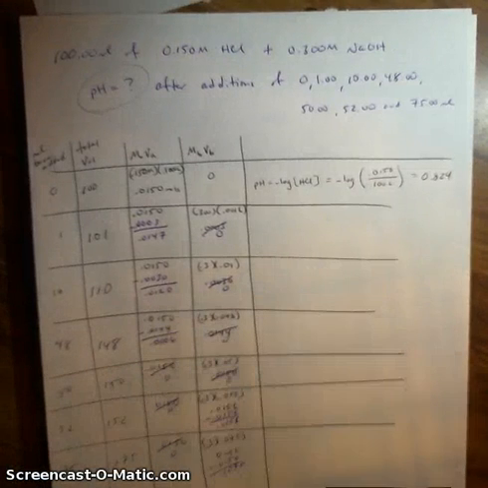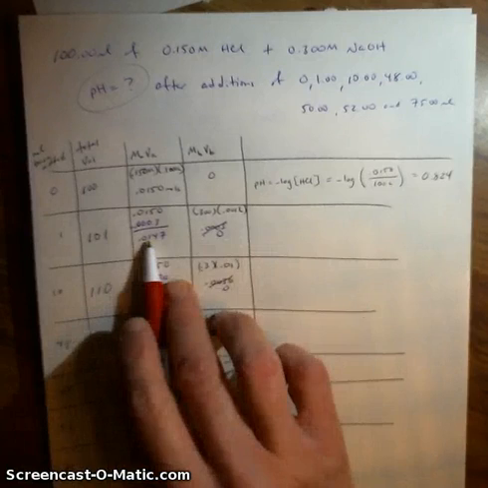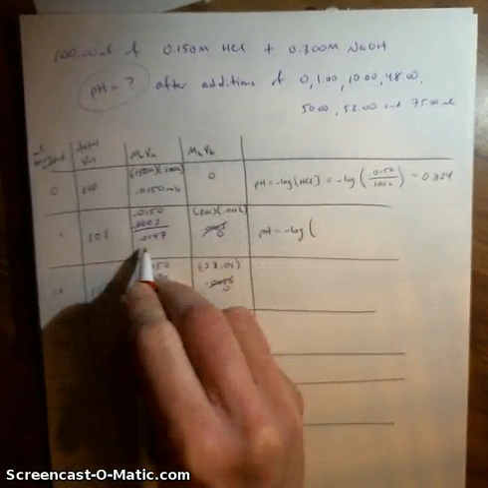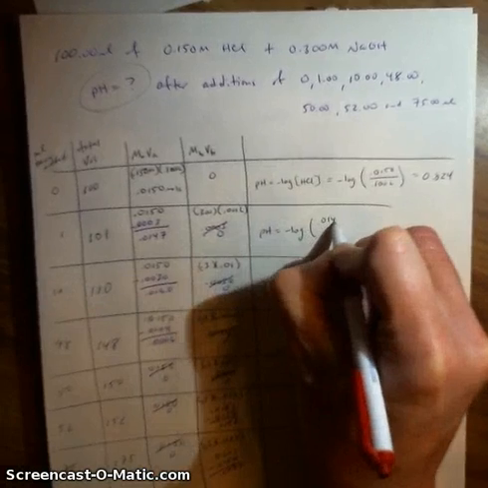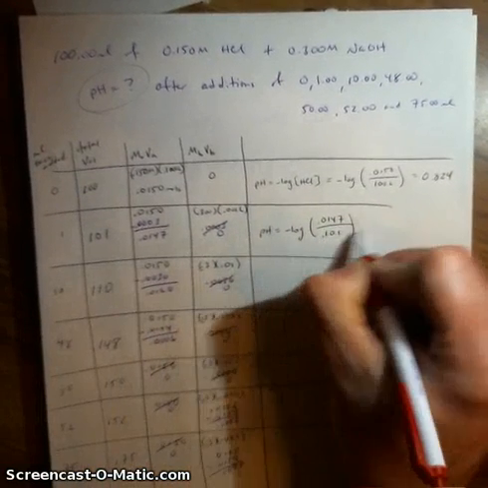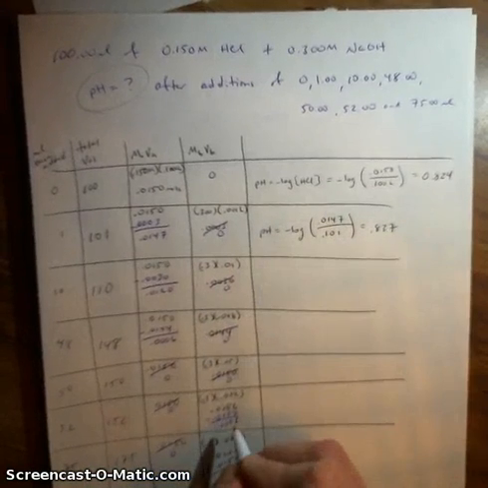So, finishing up the rest of this table is pretty much the same sort of work. Again, I've got acid here, so the pH is going to work out to be the negative log of this value, 0.0147, over this converted to liters, 0.101, which works out to be 0.837.